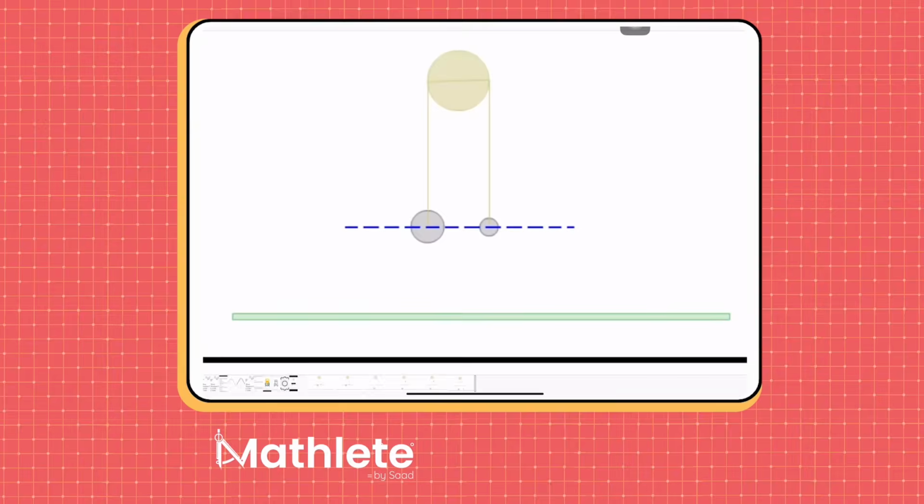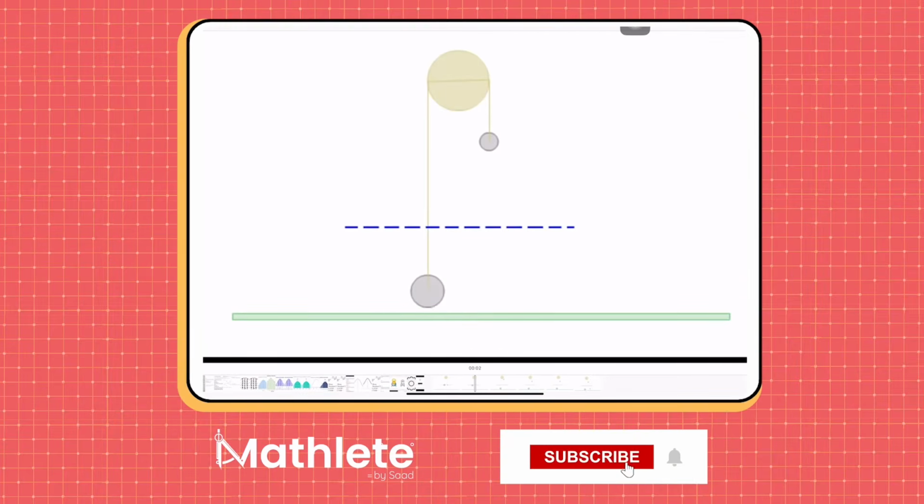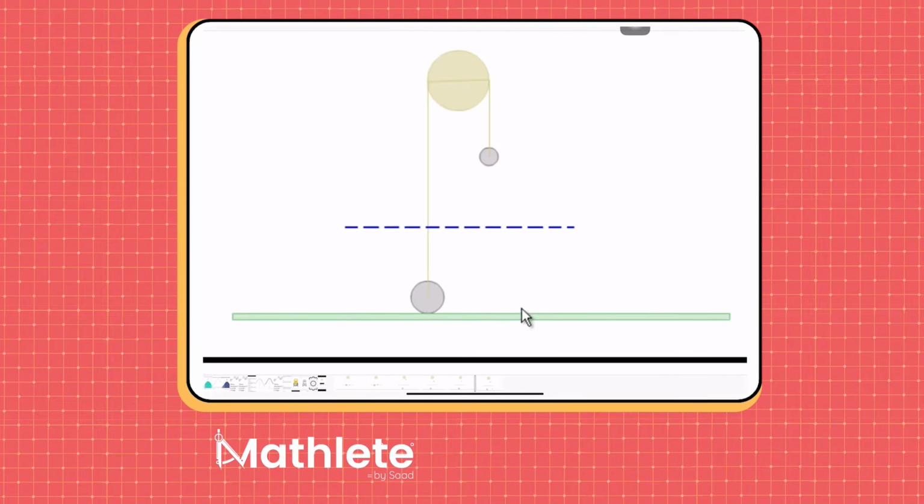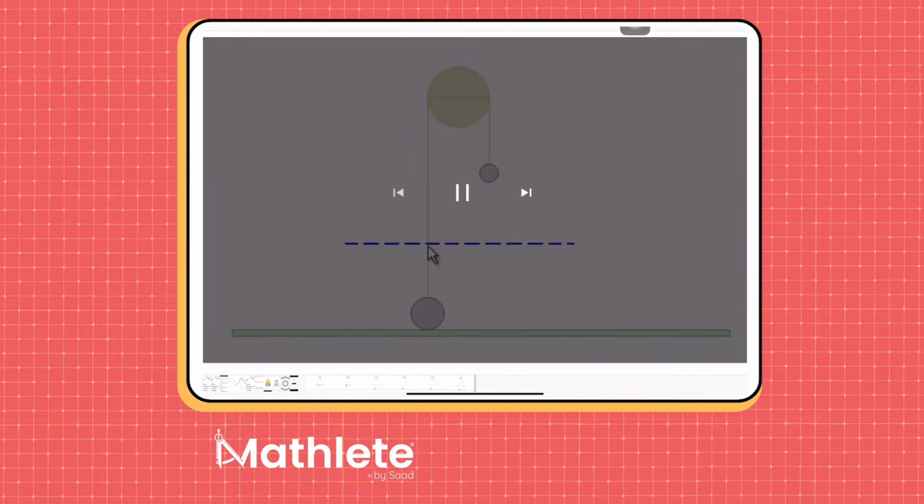Notice the velocity with which A hits the ground. First of all, understand that they're both moving at the same velocity. Now the velocity with which A hits the ground, that's the velocity with which B rises. That is the initial velocity of B just from that point onwards when it's in free fall.